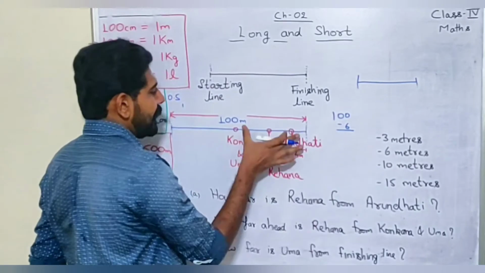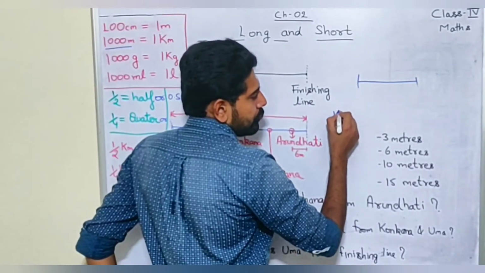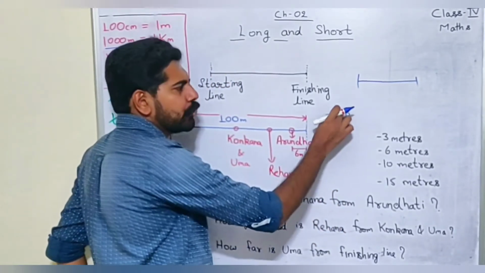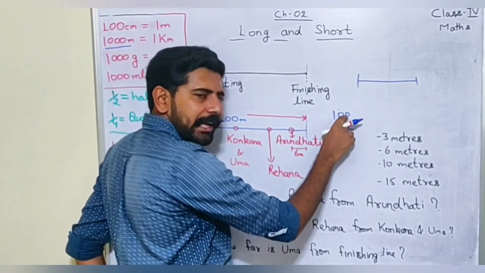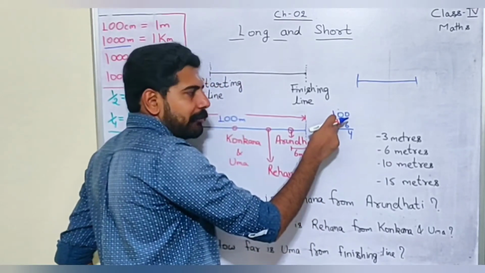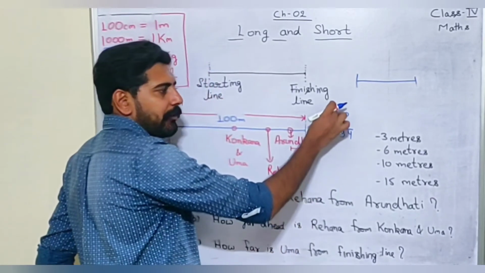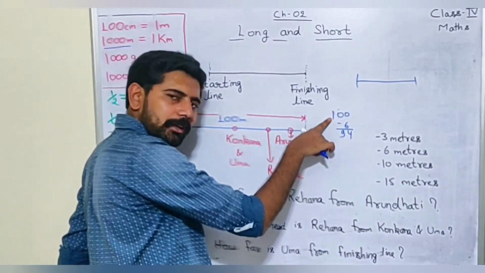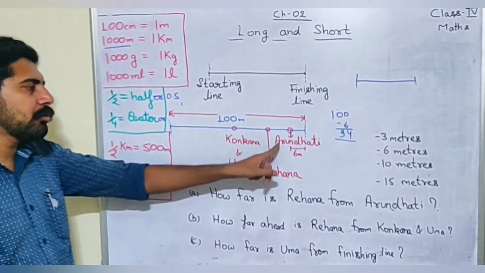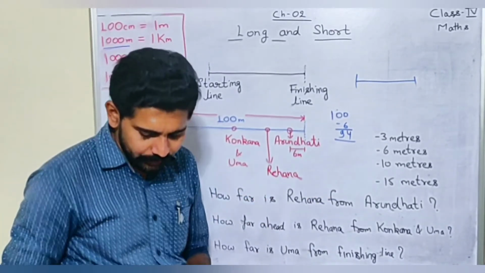That means we are subtracting 6 meters from total 100 meters. We cannot subtract 6 from 0, so we have to carry 1 and make it 10. 10 minus 6 is 4. What will come here? 9. 9 minus 0 is 9. And we have taken 1 from here, that's why here 0 will remain. So 94 meters. How much distance has Arundhati run? 94 meters.